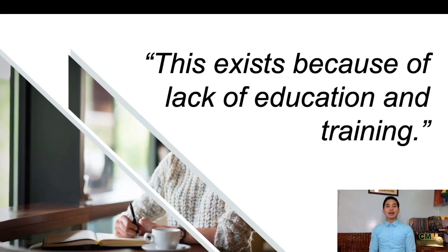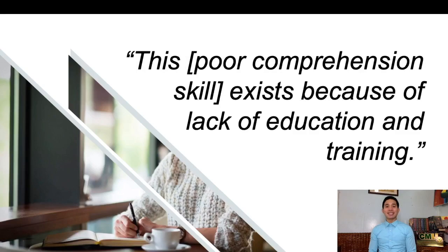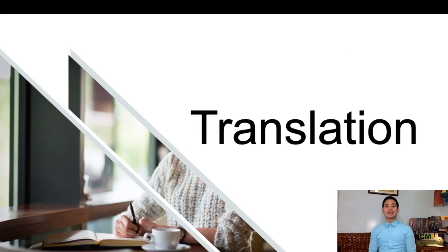The word "this" there is an unclear antecedent. If your respondent refers to this as poor comprehension skill, then you have to provide the correction. That becomes "This [poor comprehension skill] exists because of lack of education and training." So that's how you correct unclear antecedents.